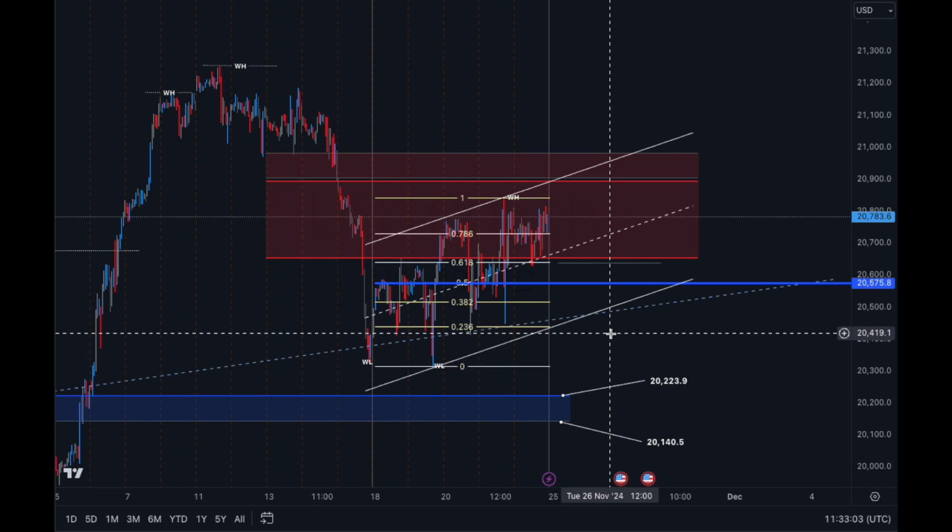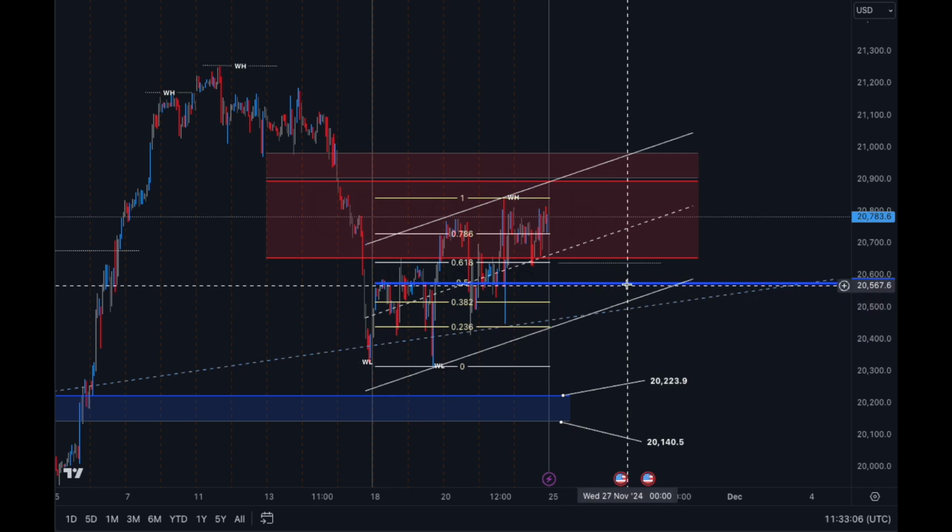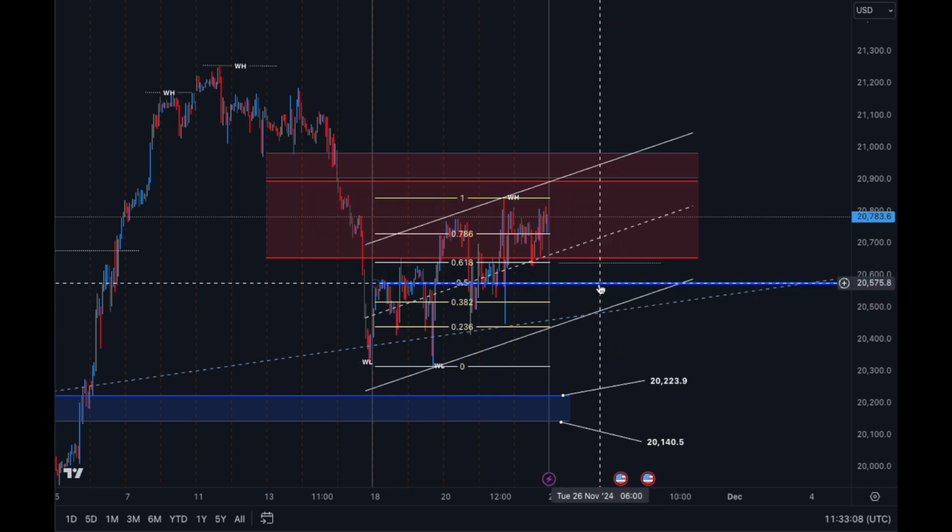If you're able to wait for the confirmation on this side of the Fibonacci, that is fantastic. That's good training, because it means you're being patient and only getting in when it makes sense, right?